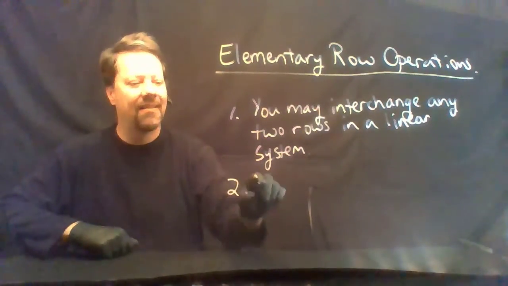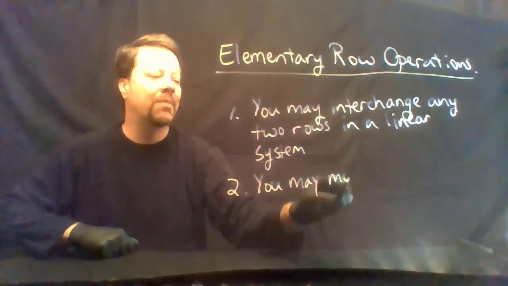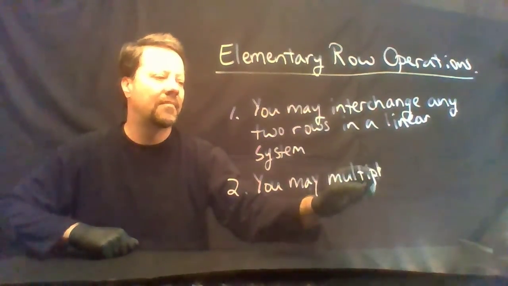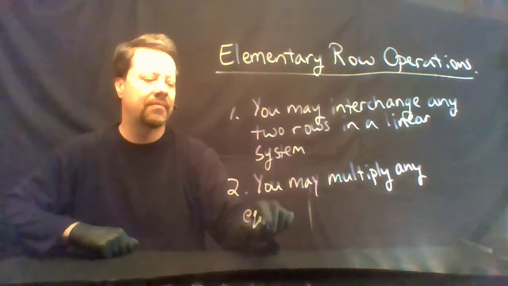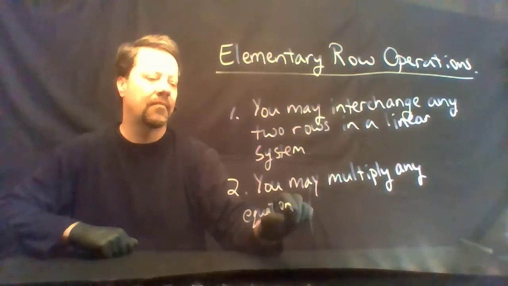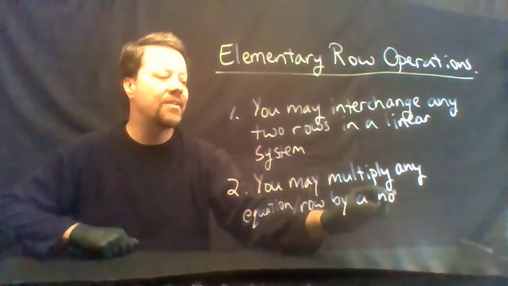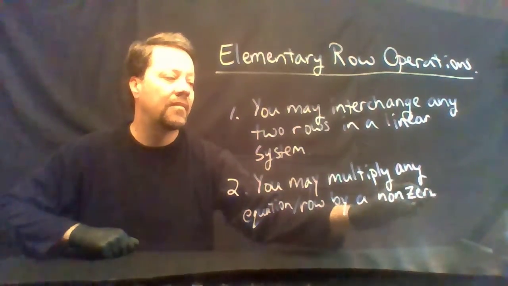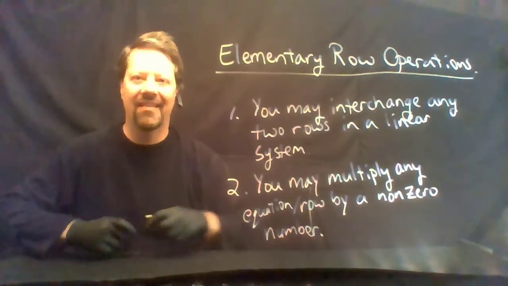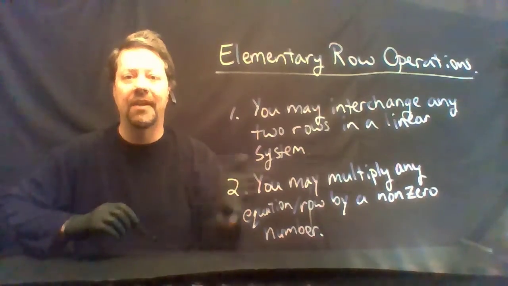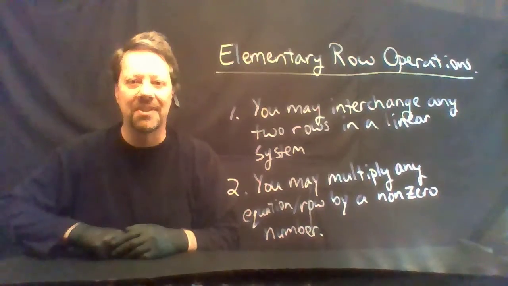Second, you may multiply any equation or row by a non-zero number. Of course, if you multiply all of the equations by 0, the entire problem goes away, and you will certainly affect the solution set.